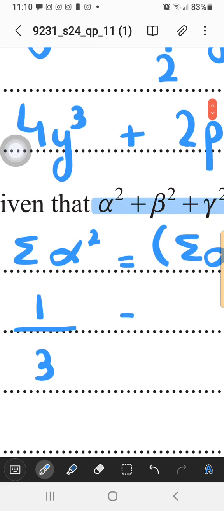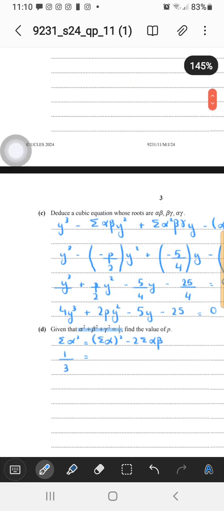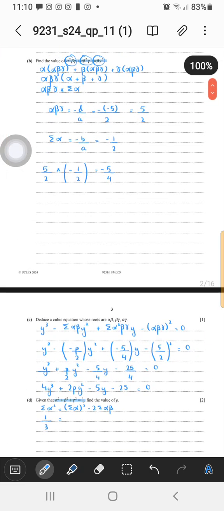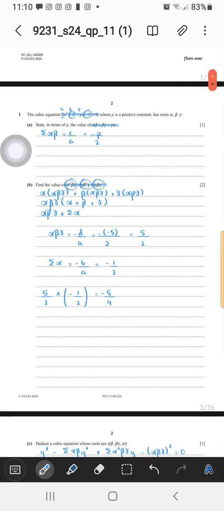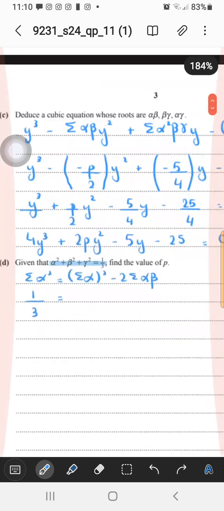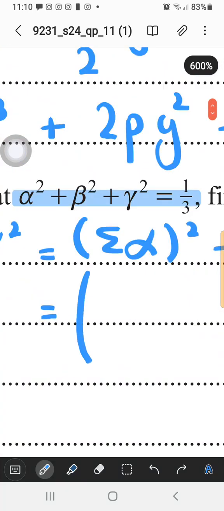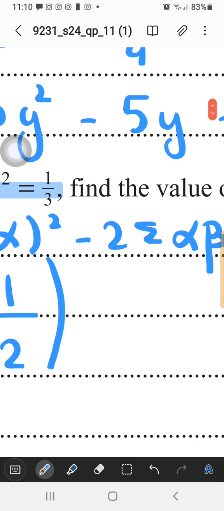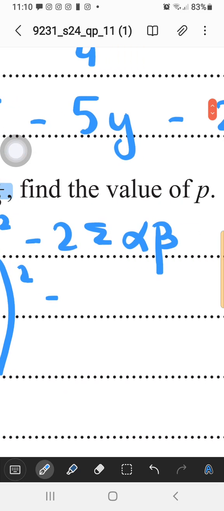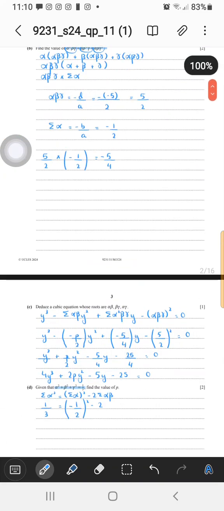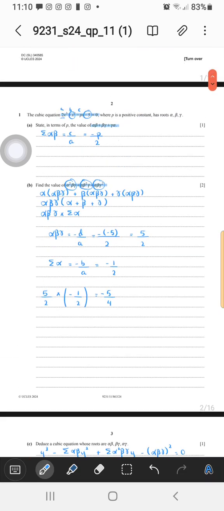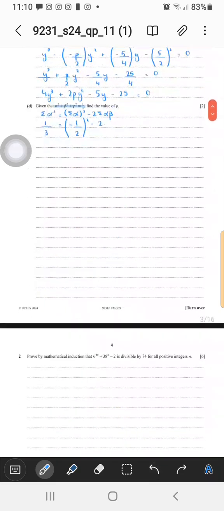We can write here 1/3, and here the sum of alpha was, we can get through this, negative 1/2. So write negative 1/2 whole square, minus 2, then the sum of alpha beta. The sum of alpha beta we got here is negative p/2.